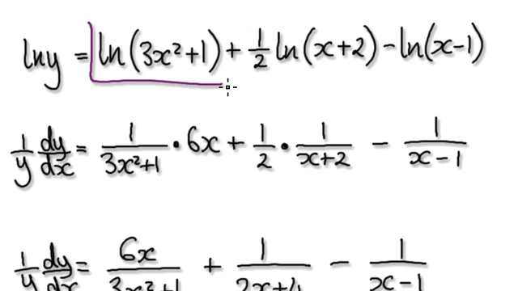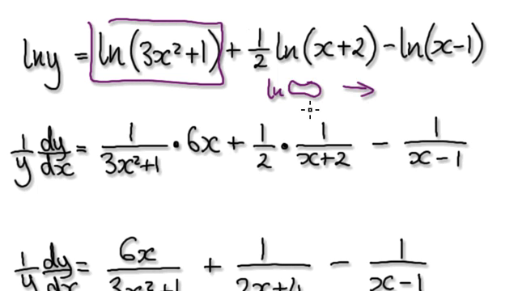Then looking at this here, differentiate it. At the moment you've got the natural log of something here. When you differentiate this, it will give you 1 over the bubble, but then you've got to times the derivative of the bubble itself. So you've got to times it by 6x here. Okay, so that's where the 6x comes from here.